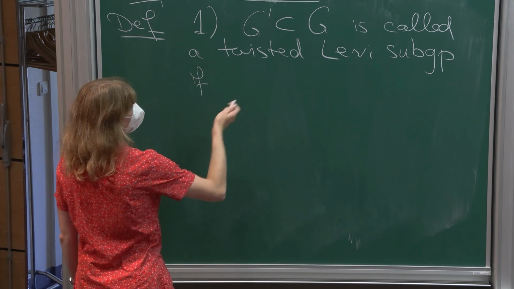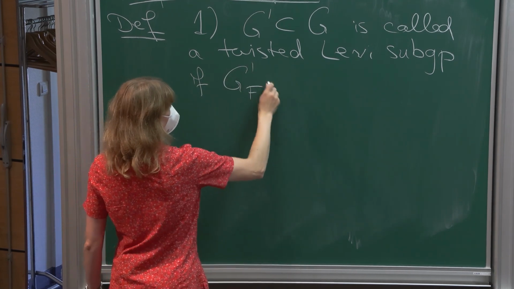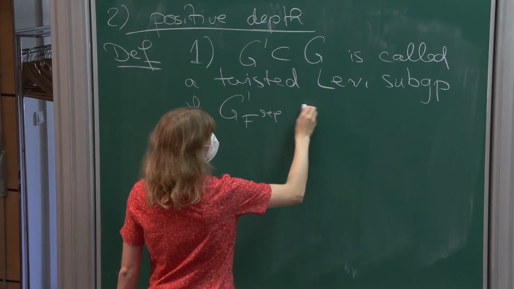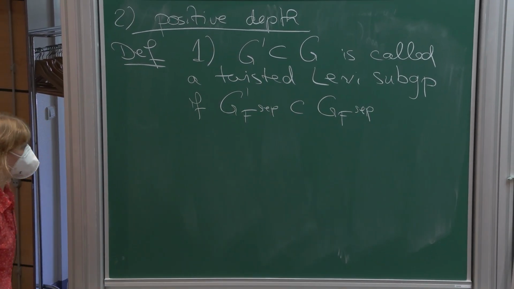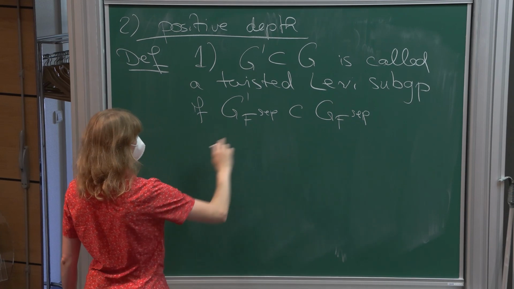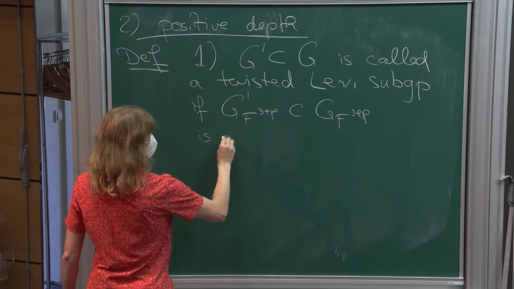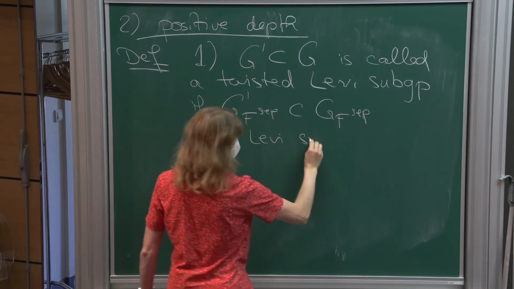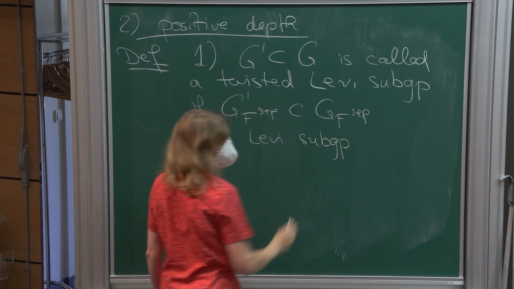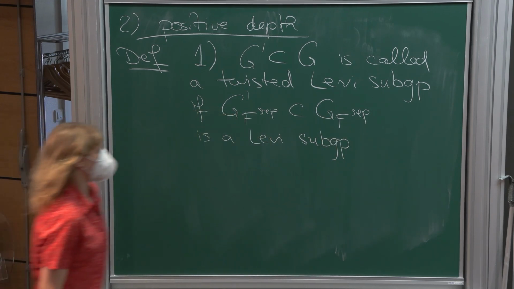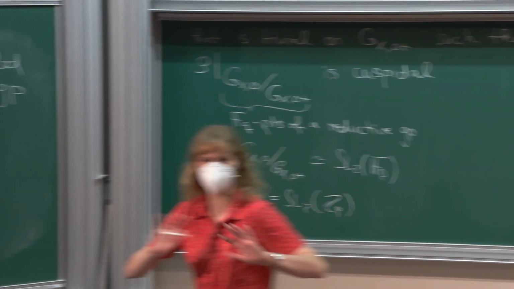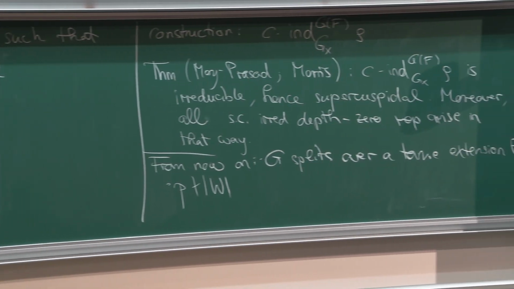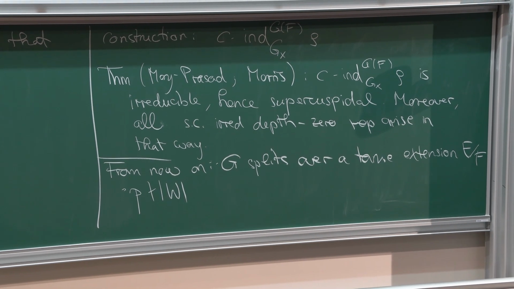I can just go all the way up to the separable closure to make my life easy: if the base change to a separable closure is a Levi subgroup. Usually one works with tame twisted Levi subgroups, but my assumption that p doesn't divide the order of the Weyl group makes everything tame. So that's one simplification.